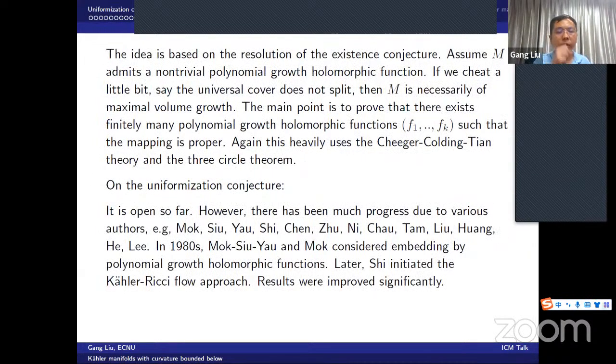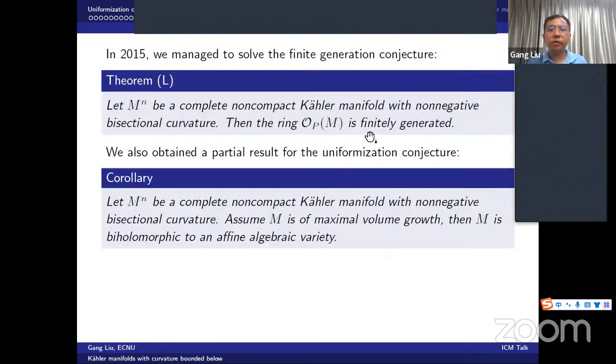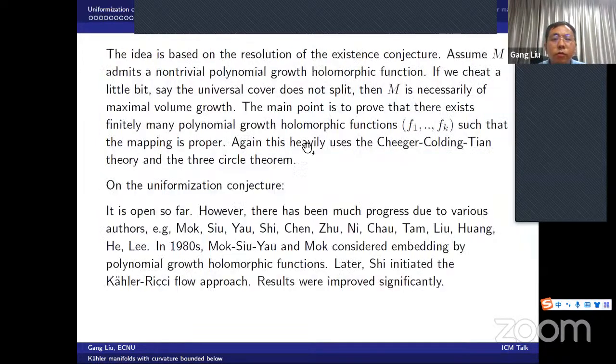The idea is based on the resolution of the existing conjecture. It was built on that, but slightly more than that. Assume M admits a non-trivial polynomial growth holomorphic function, because you want to prove the finite generation. Without loss of generality, you can assume there is a non-constant polynomial growth holomorphic function.